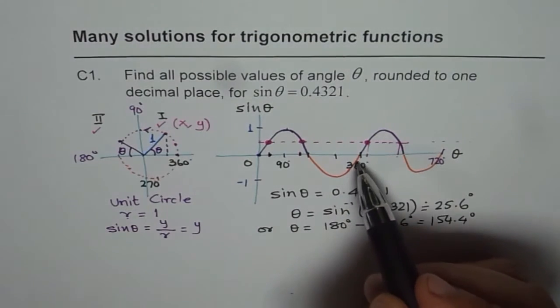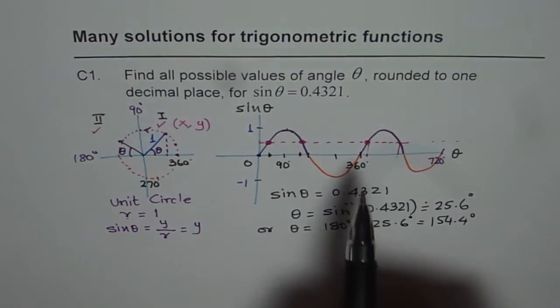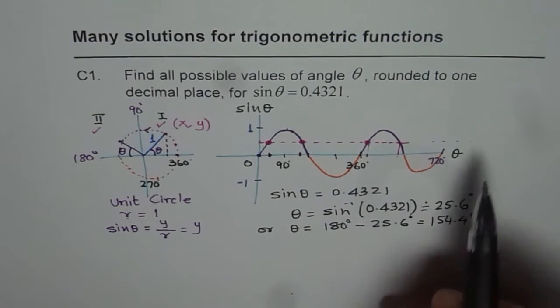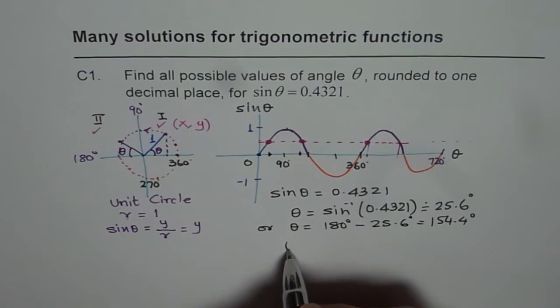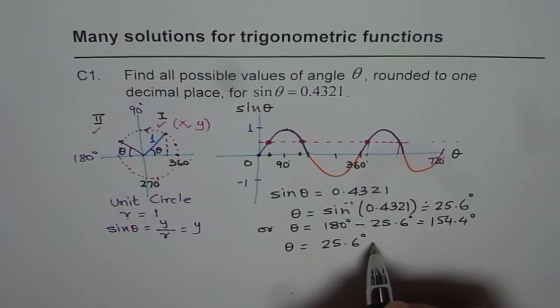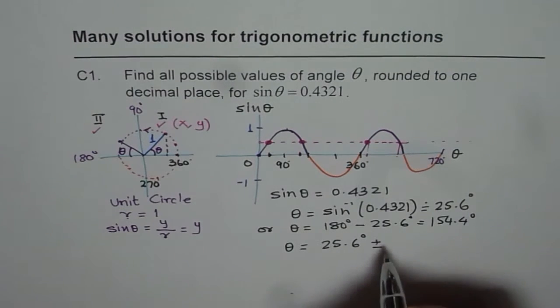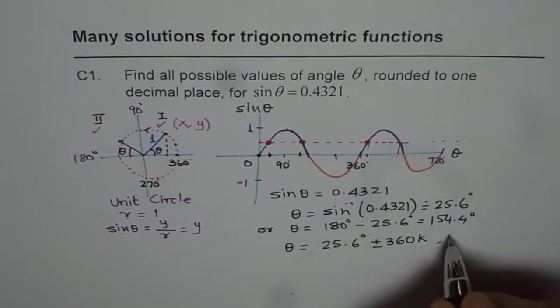Now you can see after 360 it repeats, and after every 360 it repeats, and therefore we have more solutions than just the two given here. So in general we can write theta equals 25.6 degrees plus or minus, since it could go on the other side also, 360 degrees times k, where k belongs to integers.